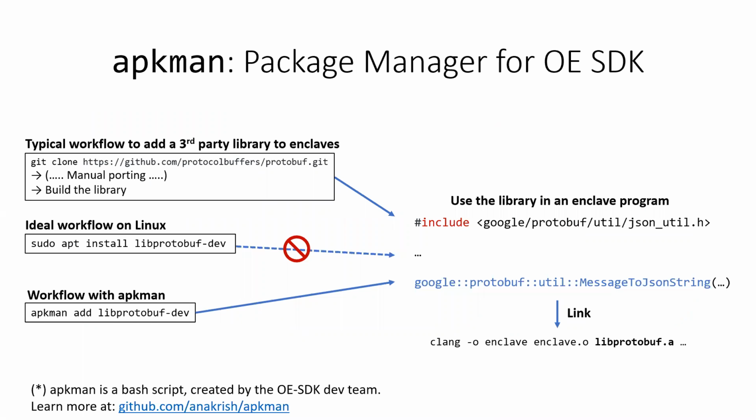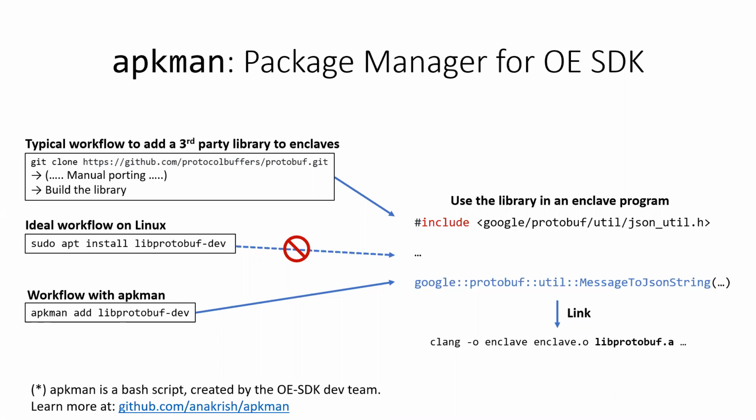Okay, now let me explain a little bit more on what the package manager, APKman, is. Recall that Open Enclave currently ships with a limited set of third-party libraries. We support, for example, the musl libc, OpenSSL and libc++ libraries, but that's really a small set of libraries.